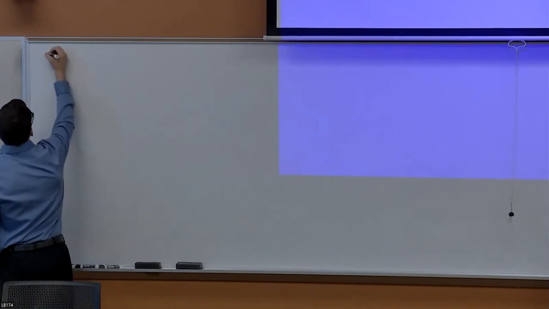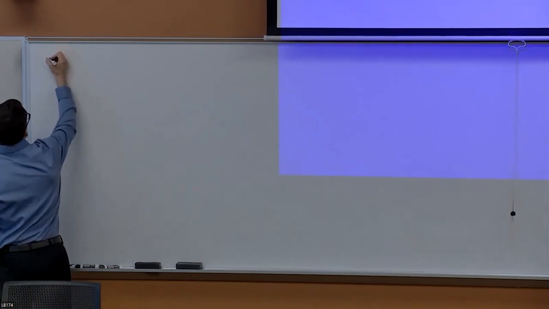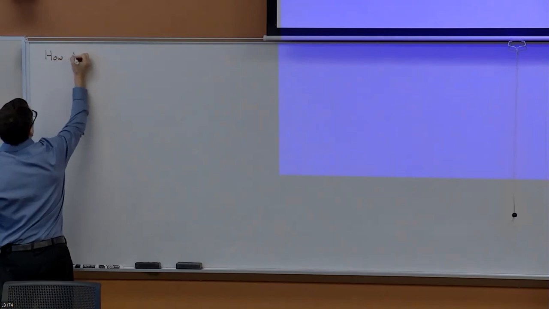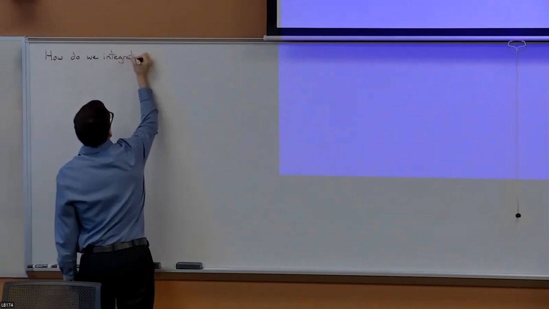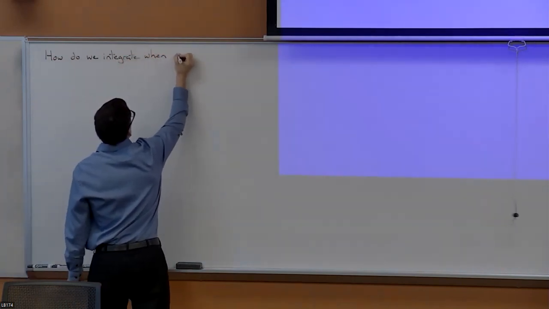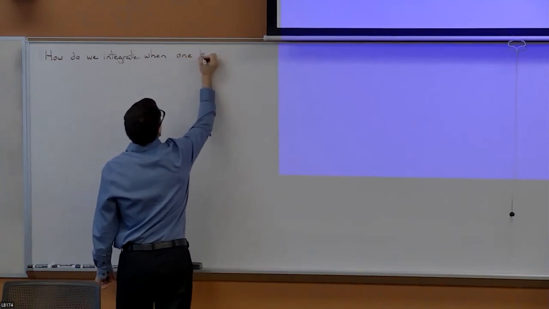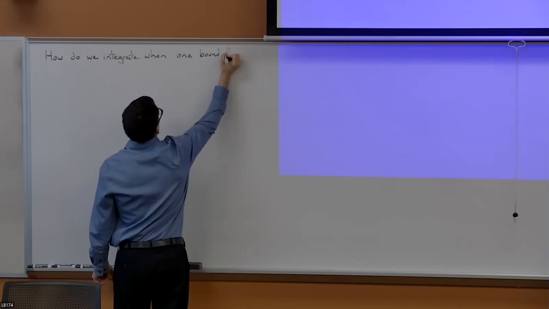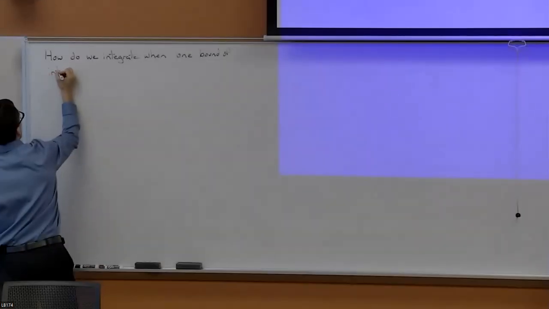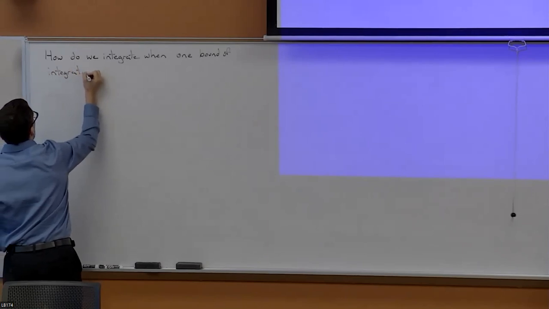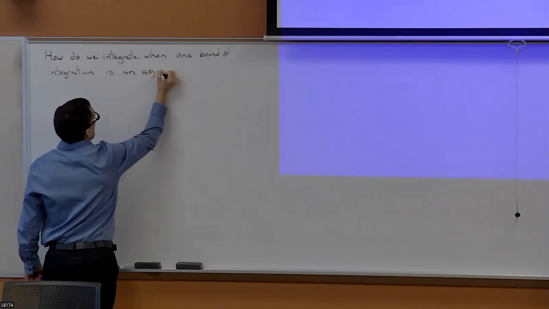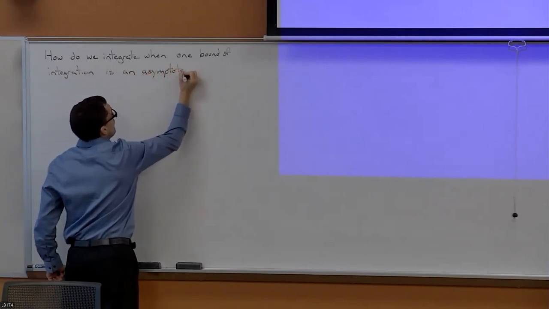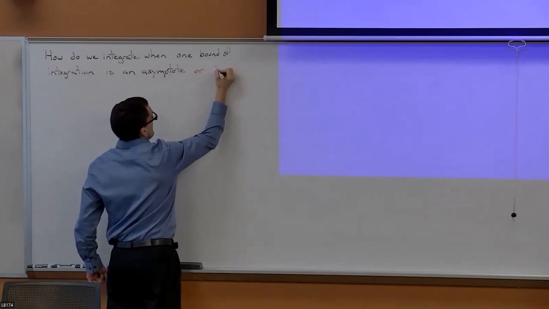The big question that 6-7 and 6-8 are going to be trying to answer is, how do we integrate when one of the bounds on our integration is either an asymptote or infinity?